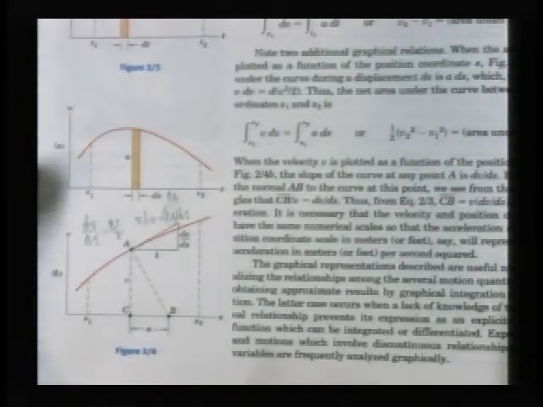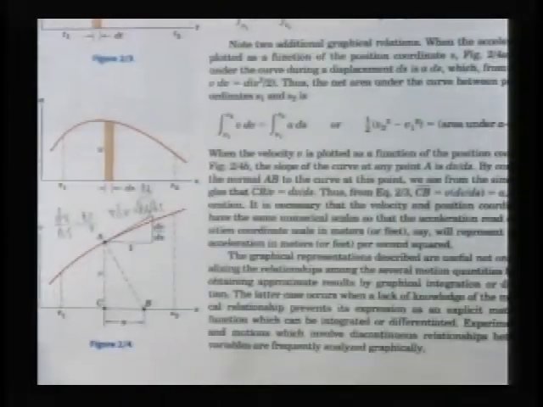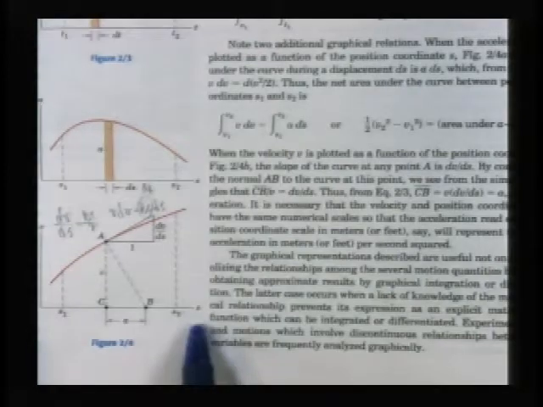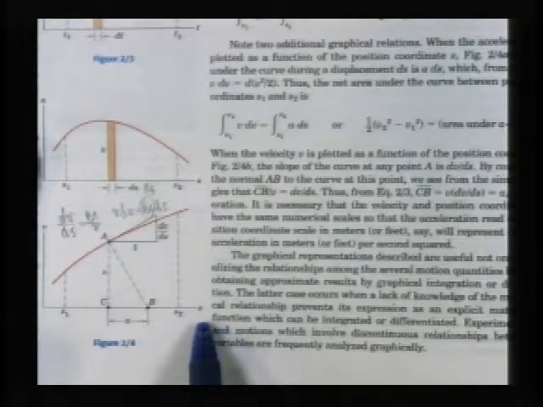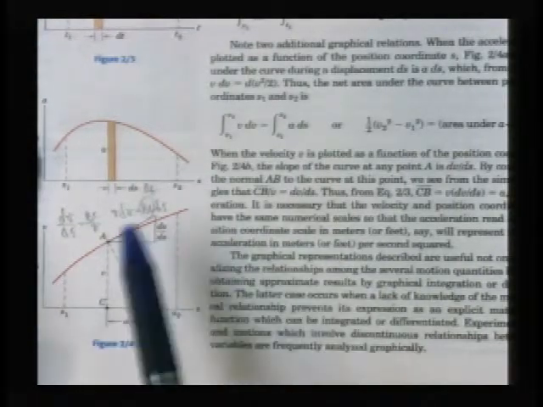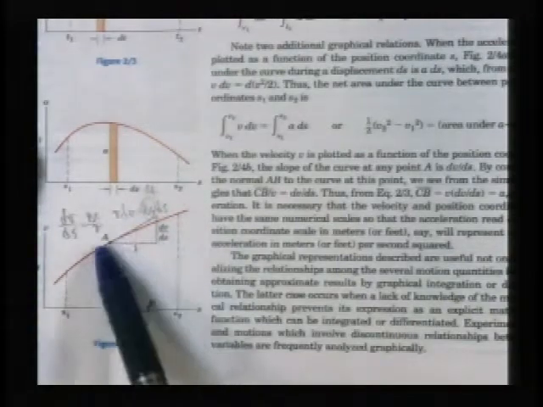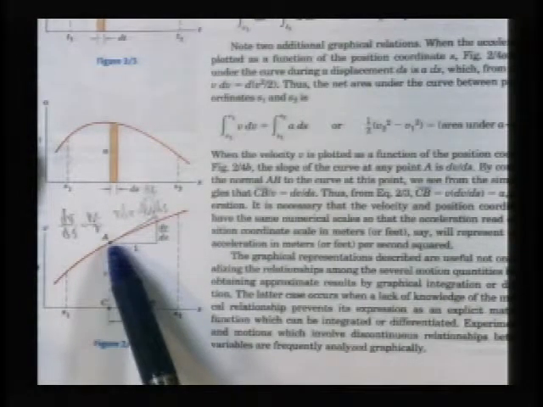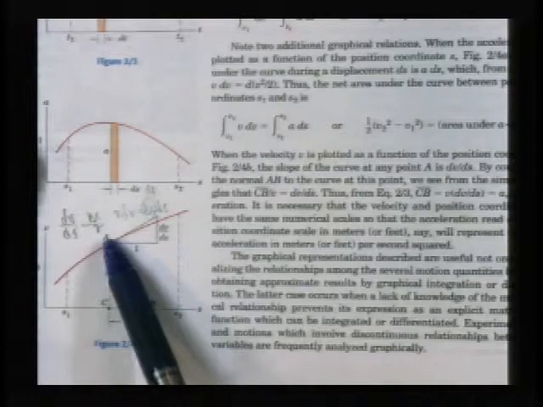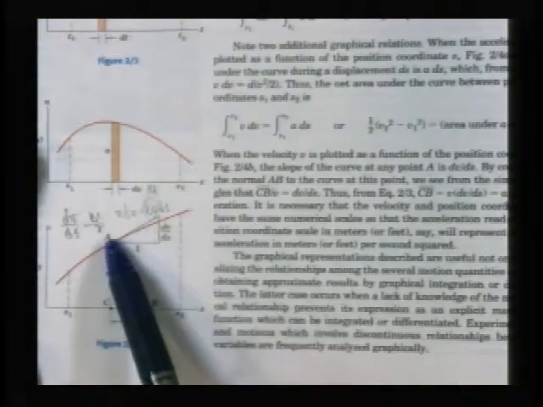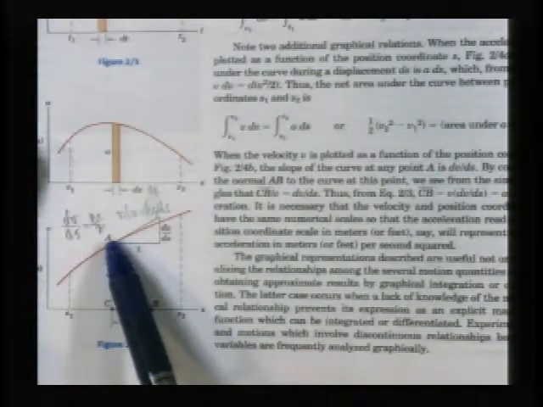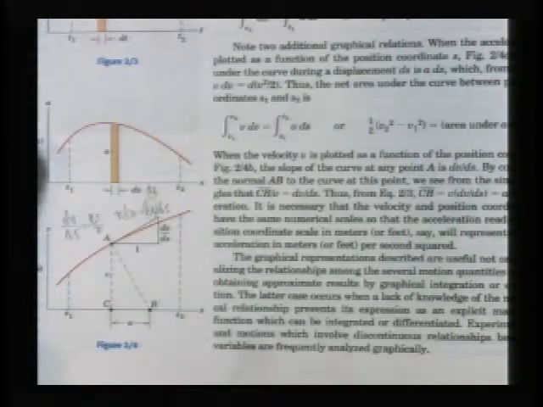If we have velocity described as a function of position, then it should make sense to you that the tangency on that graph, and this is actually the way oftentimes you gather experimental data, you can monitor the speed of an object and its position, and then you could plot that data.